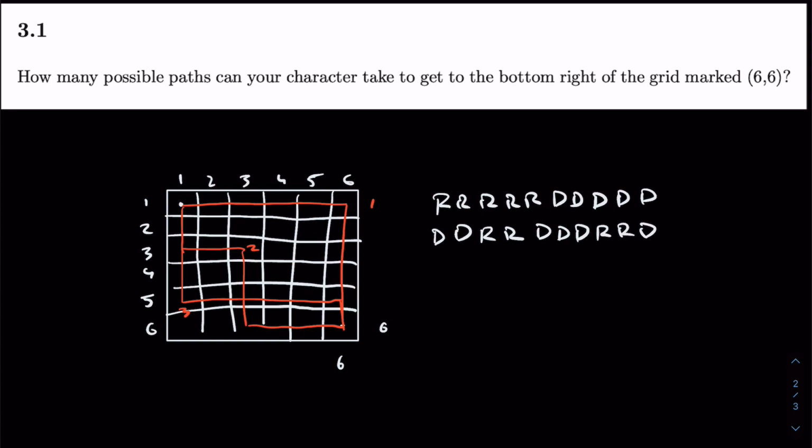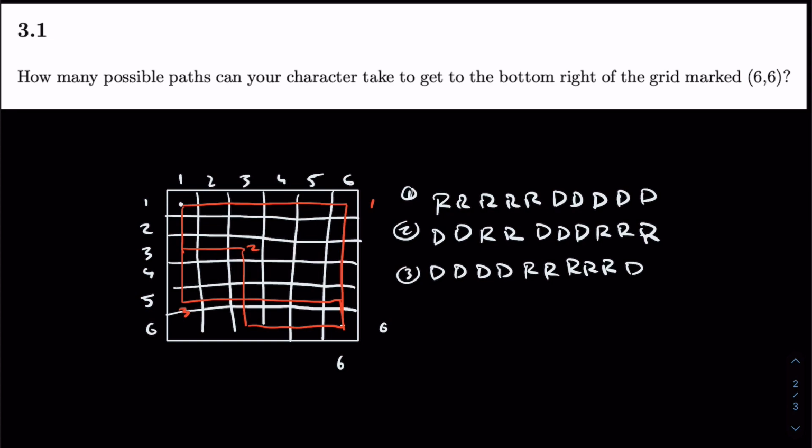And for the third and final case, we go down 4 times, right 5 times, and then down 1 last time. So here we have 3 cases, and they give us a lot of information. And now that we have a few examples to study, let's look for a pattern.